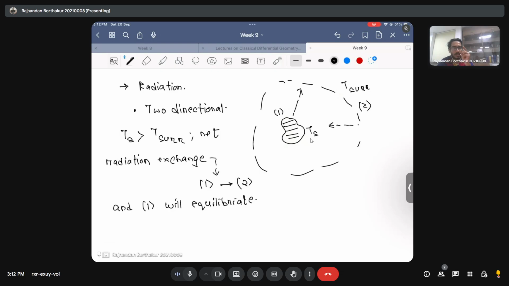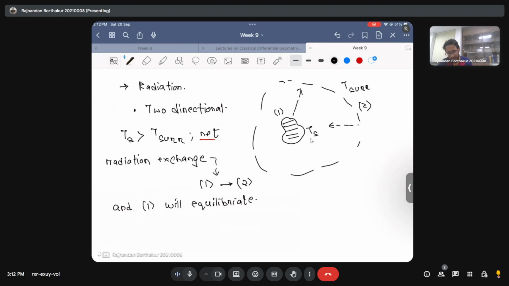Because radiation is a two-directional phenomenon, we define a net radiation exchange, which will be from the body at higher temperature to the body at lower temperature. The word net is very important here, because radiation is always two-directional in nature. So in principle, when we say there is radiation exchange, we actually mean the net radiation exchange taking place between bodies.